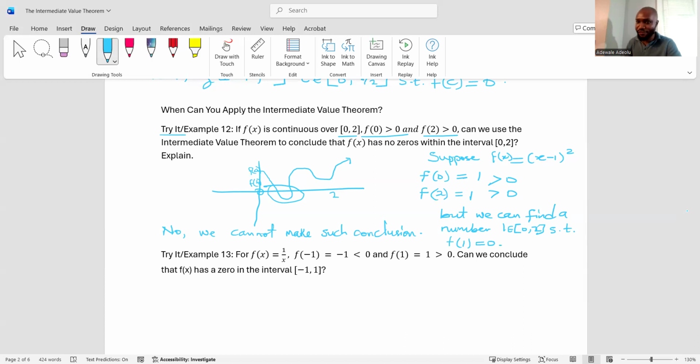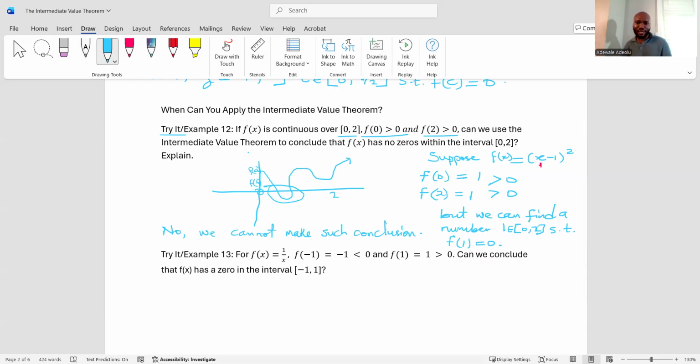Do you see that? If we plug in 1 here, that is 1 minus 1, 0. 0 squared is 0. So you can see we cannot use IVT to make such a conclusion. So that is a concrete example there.